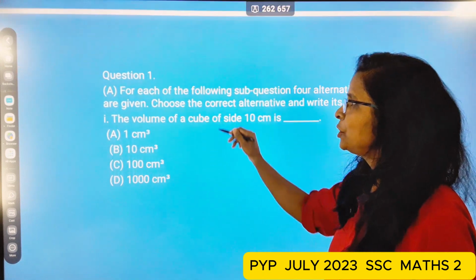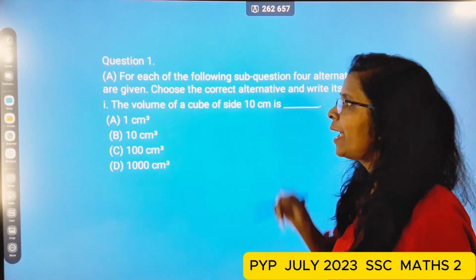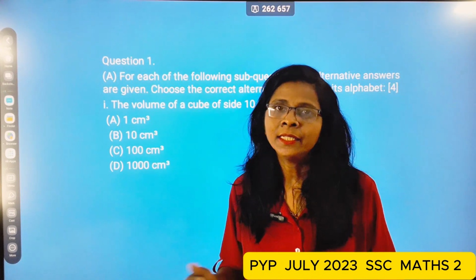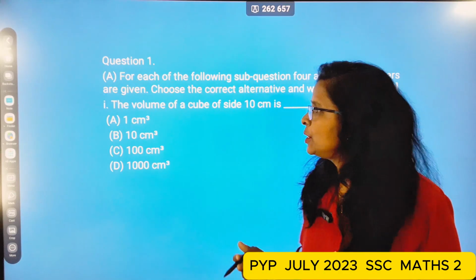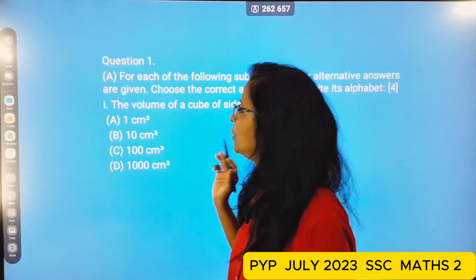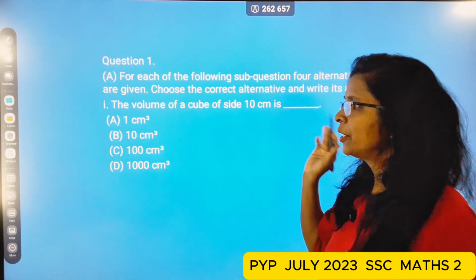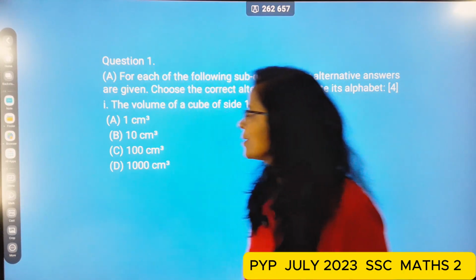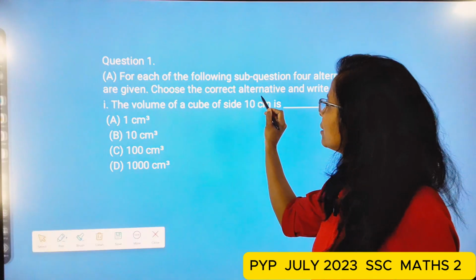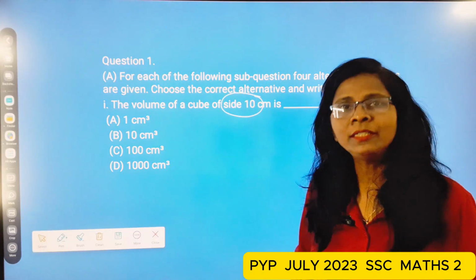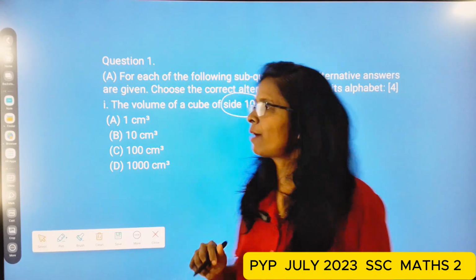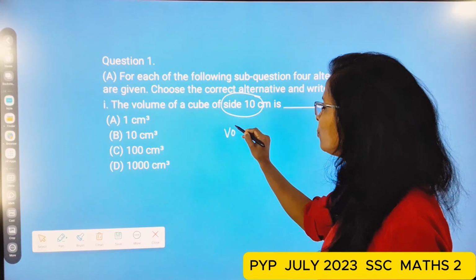Now here question 1A, you are familiar that it is the MCQ. The first question is: the volume of a cube of side 10 centimeter is. The side is given as 10 centimeter, and we have to find the volume of the cube.